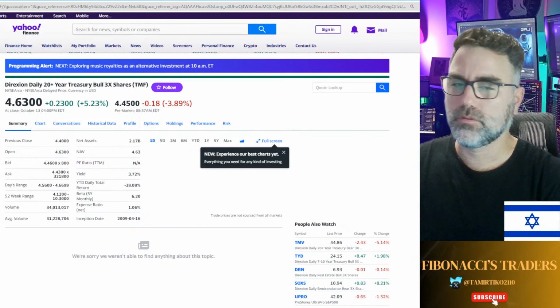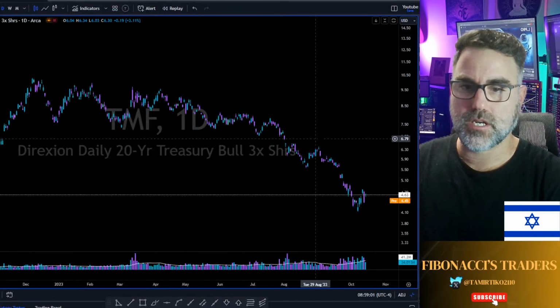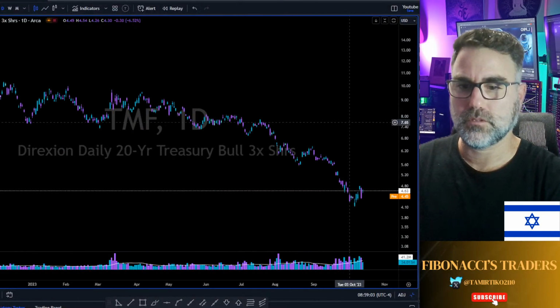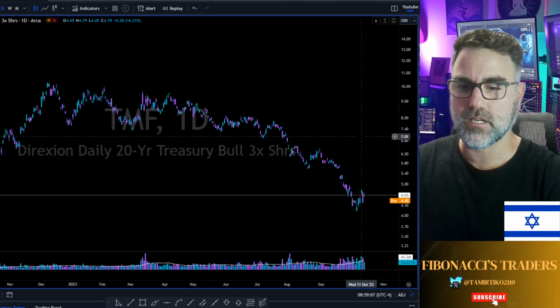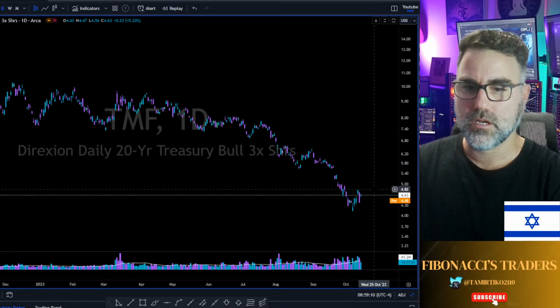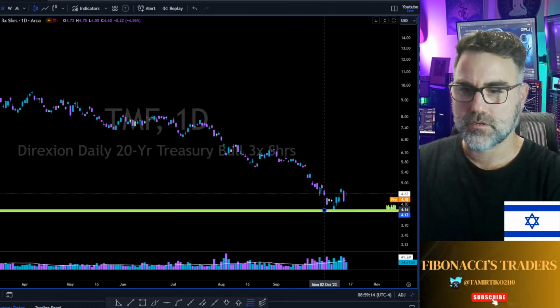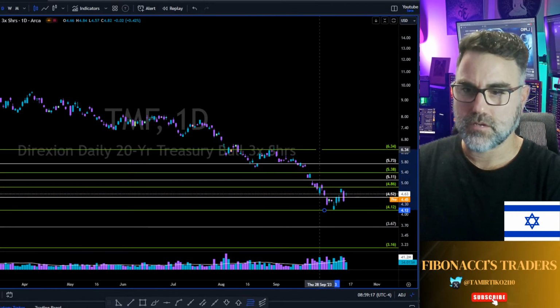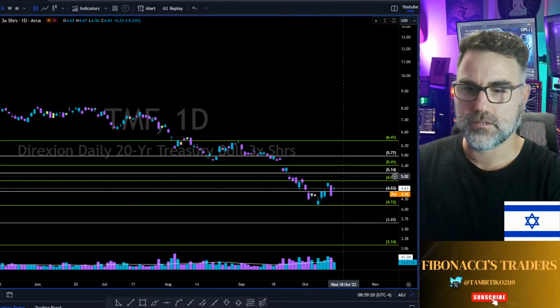20-year treasury bull. If the 20-year treasury goes up, this goes up, goes down, this goes down, but with 3 times the volatility. You want to go long, in my opinion, only above 482. Take Fibonacci over here, 488, 490.